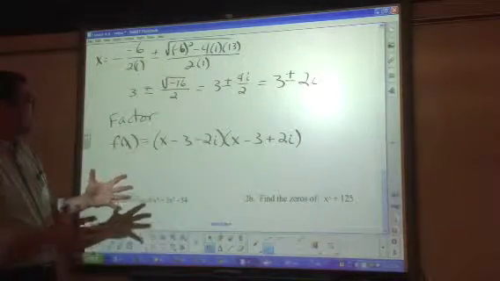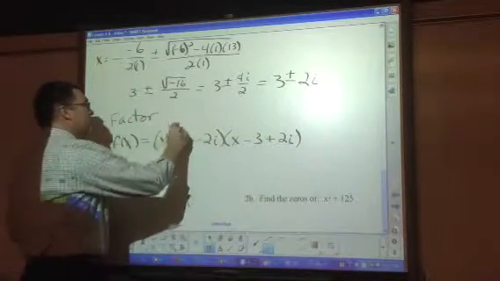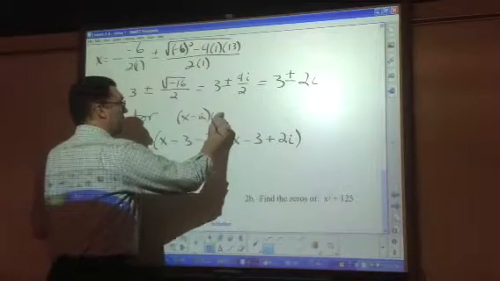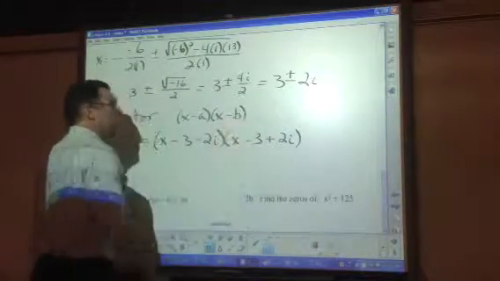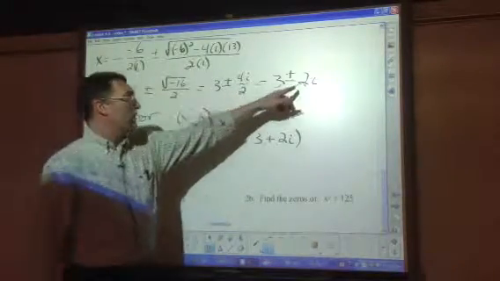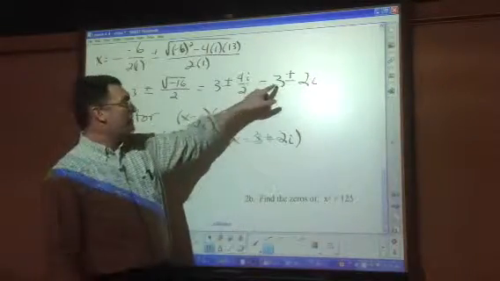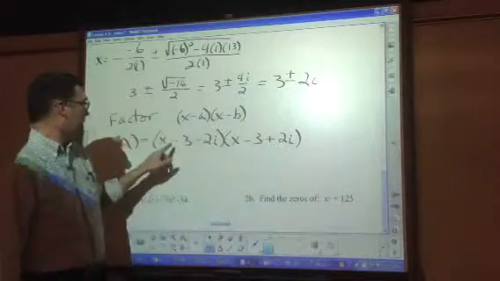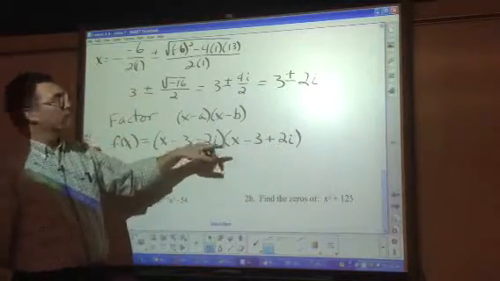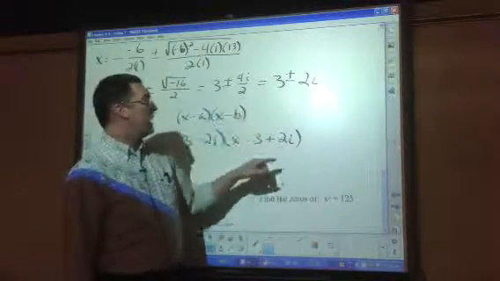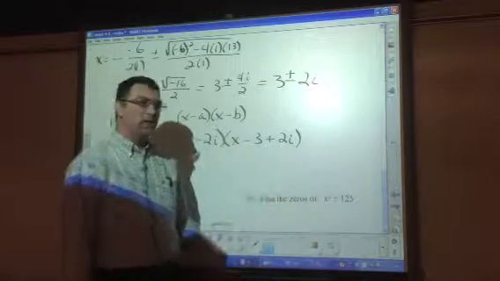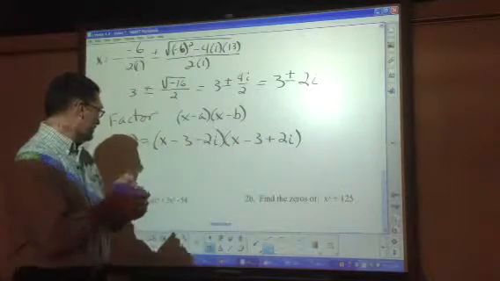Because remember that your factors are always x minus a and x minus b. So I'm going to be doing the opposites, because of the minus. The opposite of 3 plus 2i is negative 3 minus 2i. The opposite of 3 minus 2i is negative 3 plus 2i. And so there we have the factors.